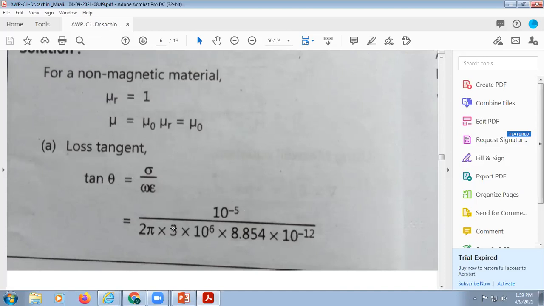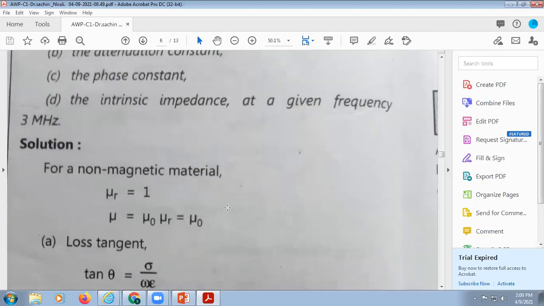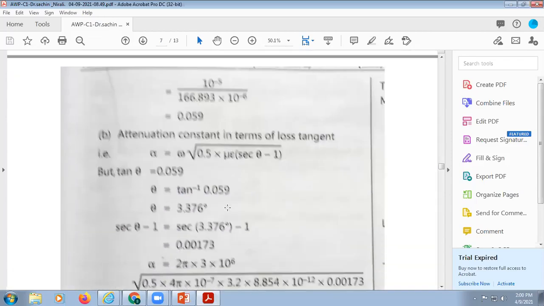So substitute the values: 10 raised to power minus 5 divided by omega, which is 2 pi f, that is 2 pi into 3 into 10 power 6. Epsilon is epsilon 0 epsilon r. So what is epsilon 0? That is 8.854 10 raised to power minus 12. What is epsilon r? You can substitute the value 3.2 also. Now, whether you are getting this answer or not, it is 0.059.